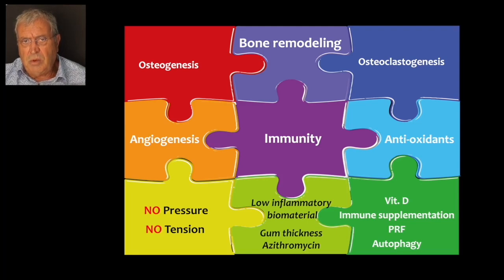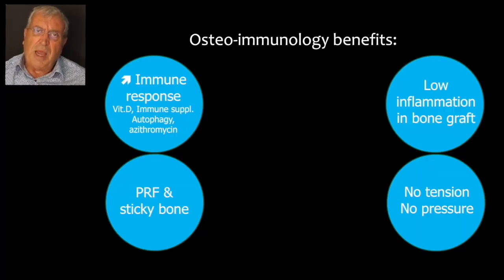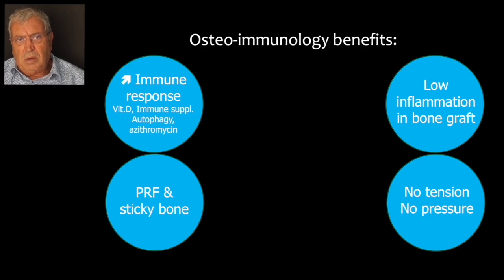We need to increase the gum thickness. We need to use azithromycin. When we apply the protocol, as I said all the time before, we will make a quick recovery.